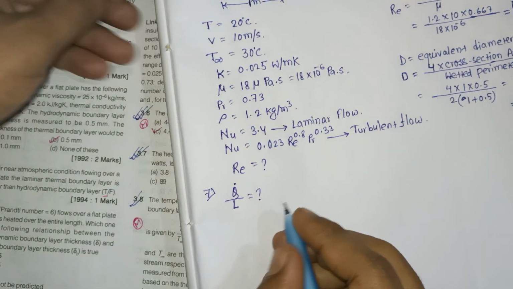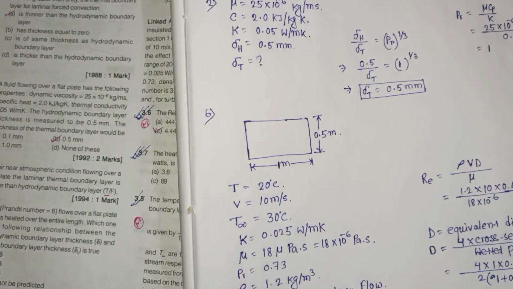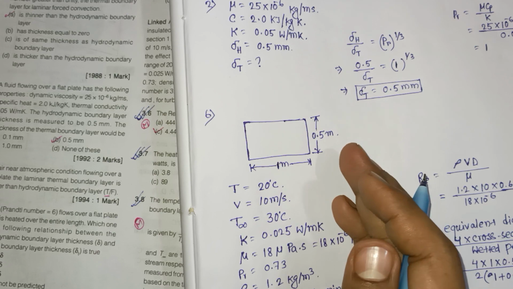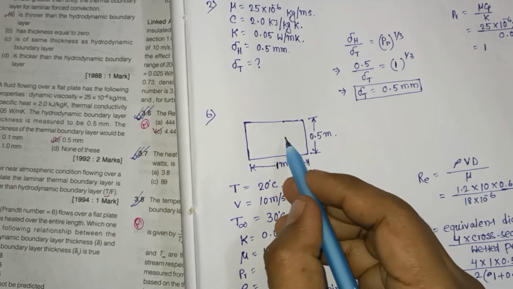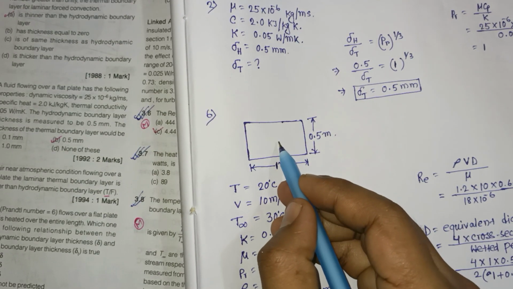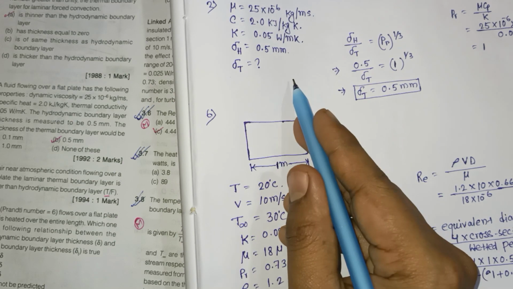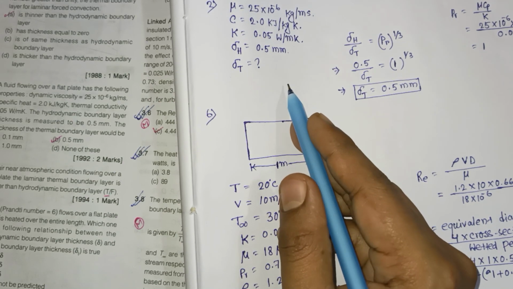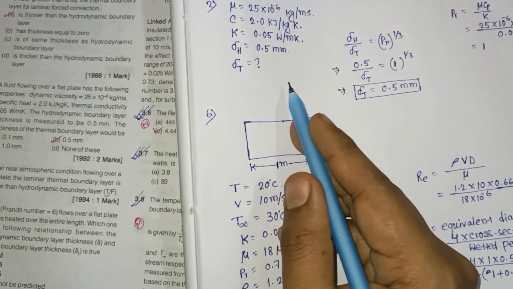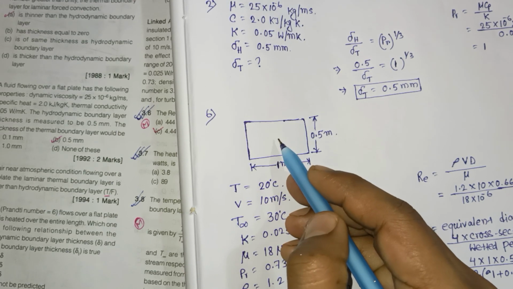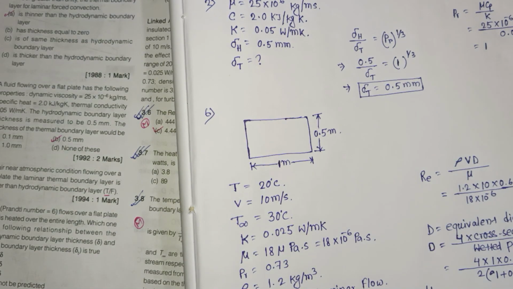So this is the duct here. The inside temperature is 20 degrees Celsius and the outside temperature is 30 degrees Celsius. Heat is transferred from outside to inside.